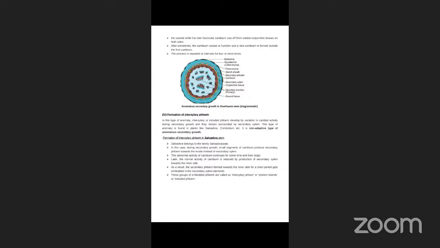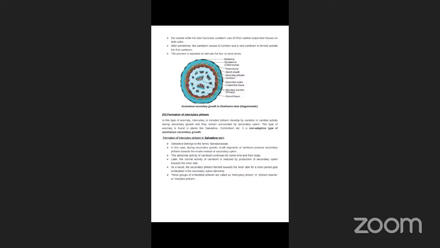The cells produced inwards get transformed into parenchymatous cells. The cells formed outwards constitute the secondary cortex, which is thick-walled and lignified. This is the information on Dracaena.